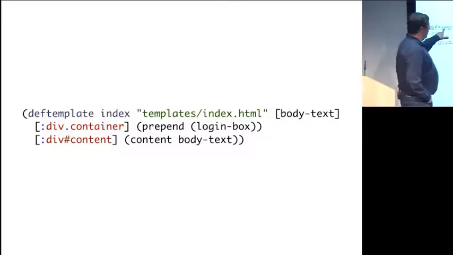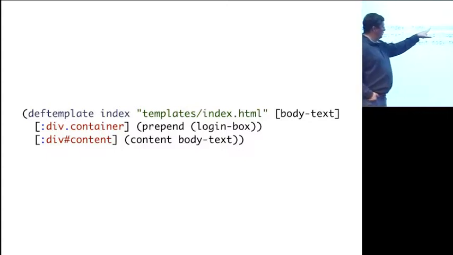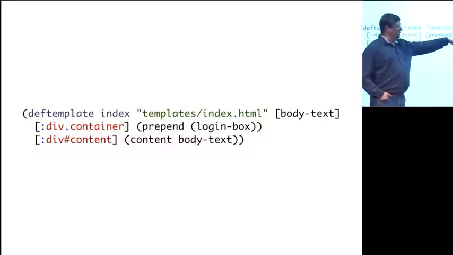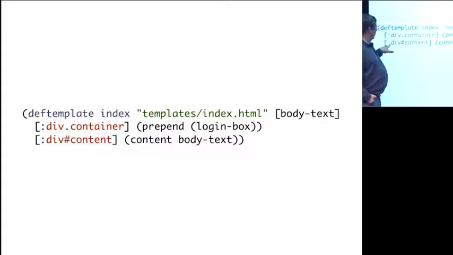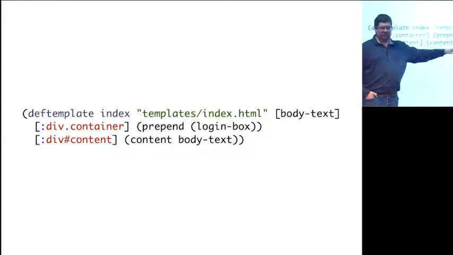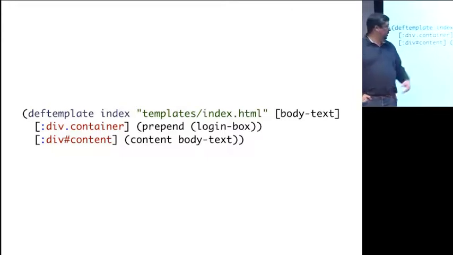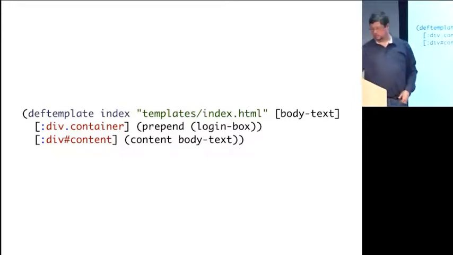So when we render this template, we want to find the div of class container, and we want to prepend the string we get from calling login box right before the container. And then we want to find the div with ID of content, and we want to replace its content with the body text that was passed in.